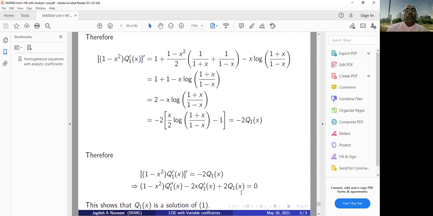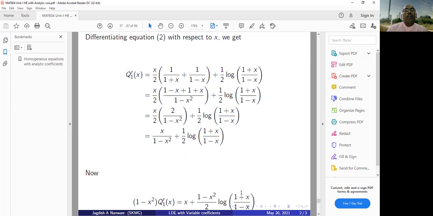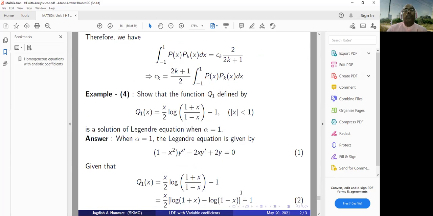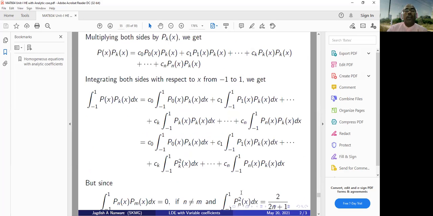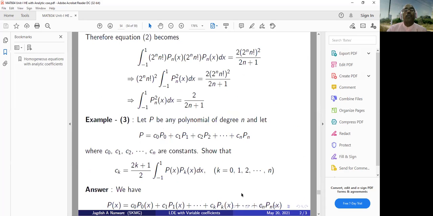One more example that I have, and I think this is the last example that I need to discuss as far as this. Yes, the last two examples are there. So I will come to the third example. So what is P here? Let P be a polynomial of degree n, and this polynomial P can be expressed as a linear combination of the Legendre polynomials of 0 degree, first degree, second degree, and nth degree, where C0, C1, C2, Cn are constants to be determined.